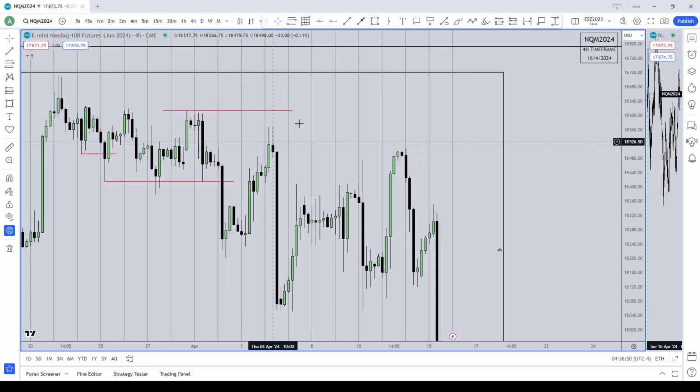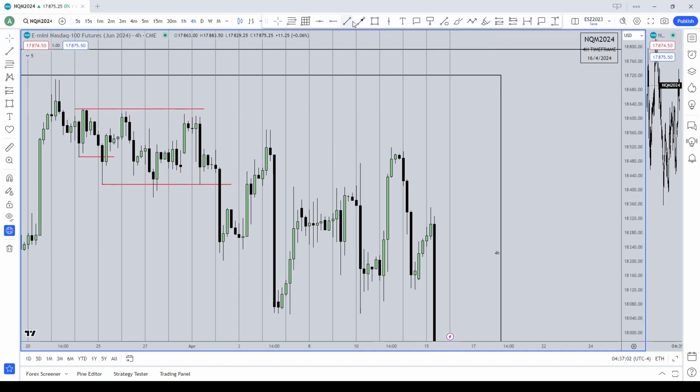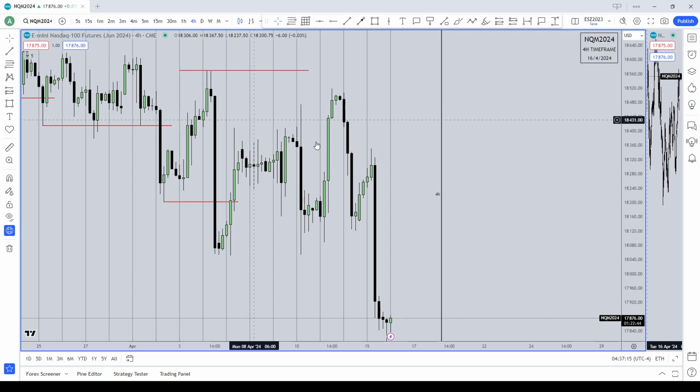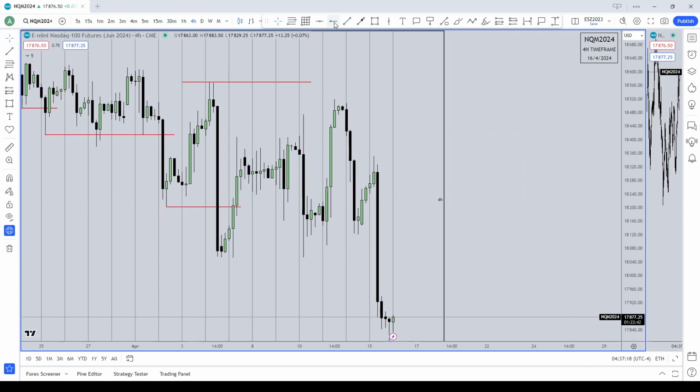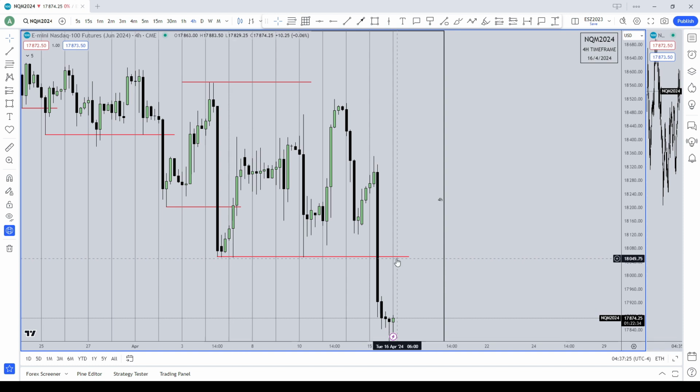But again, if we closed above, I can transfer this line lower. But for us, it's important if we close below, again a new low, to show you where the protected high is now. Okay, and now we closed below. Look at that.